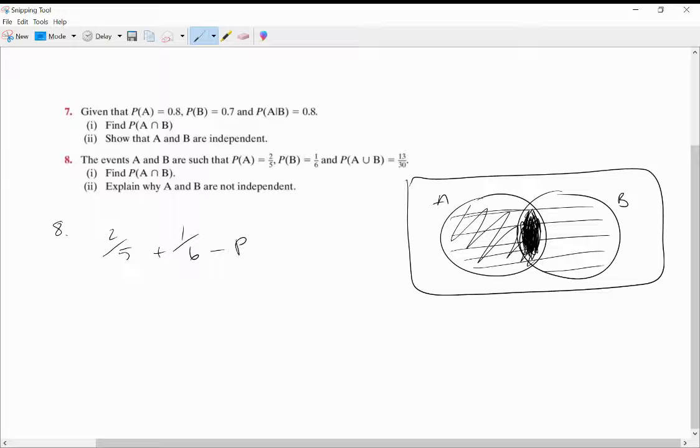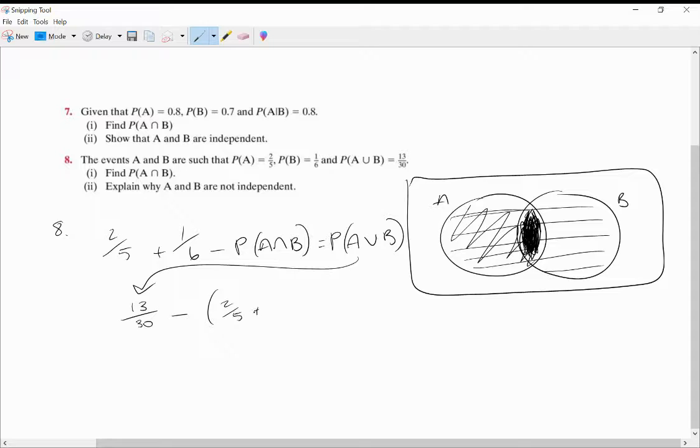So we minus the probability of A intersection B, and that would be equal then to the probability of A union B. So what we can do is say probability of A union B is 13/30, subtract 2/5 plus 1/6, and that will be equal to the probability of A intersection B.